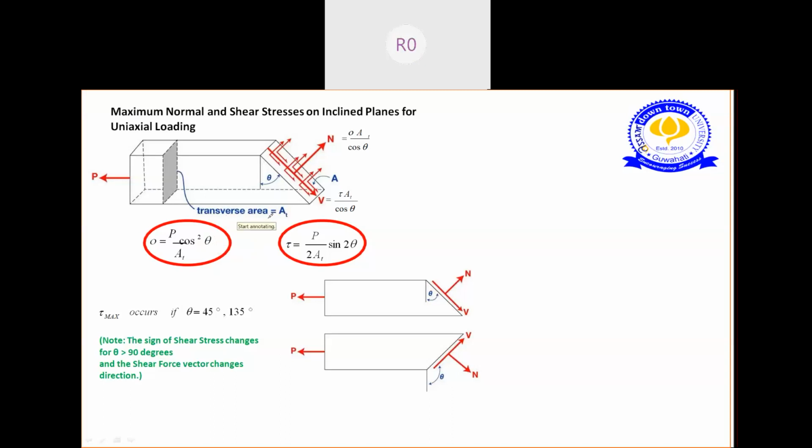If we see the cos curve, this is your 0 angle, this will be your 90 degree, this will be your 180 degree. So cos theta is maximum at 0 degree in the upper direction, and in the downward direction at 180 degree.